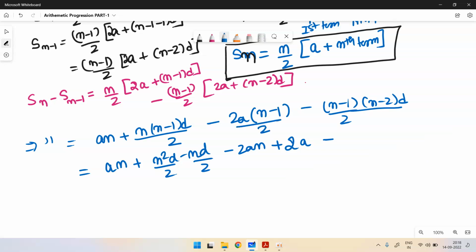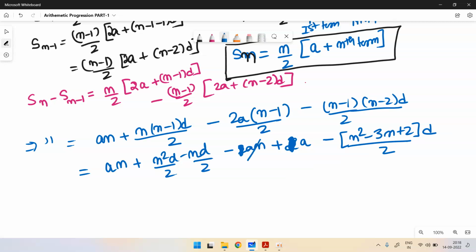This will become minus an, and this is plus 2a by 2. This is nothing but 2 only. And this, if you open, this is nothing but n square minus 3n plus 2 d by 2.